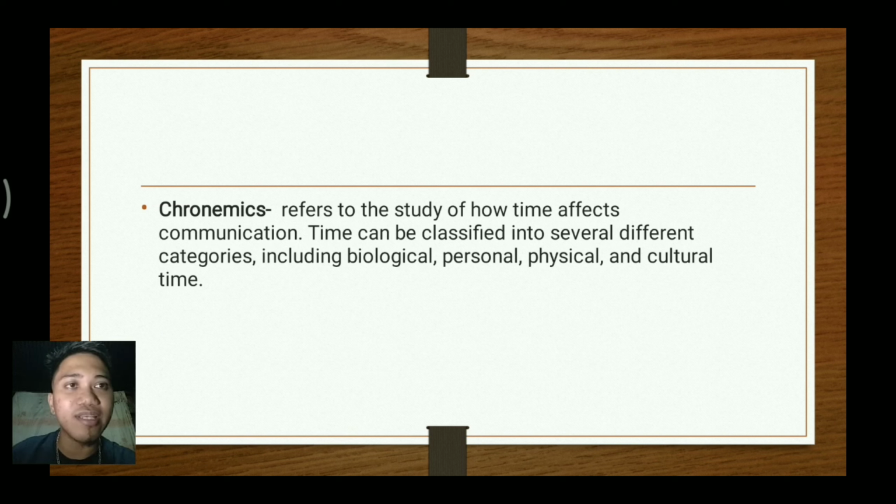Chronemics refers to the study of how time affects communication. Time can be classified into several different categories, including biological, personal, physical, and cultural time.